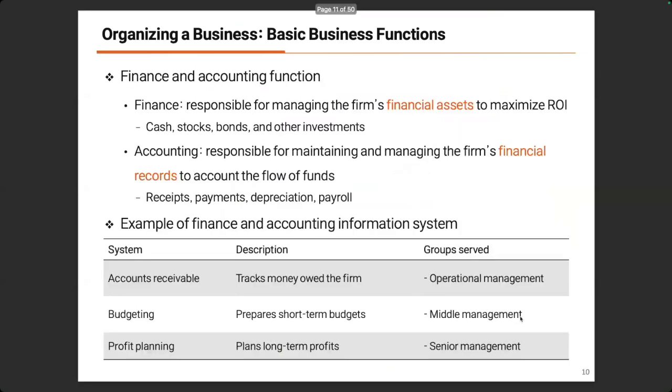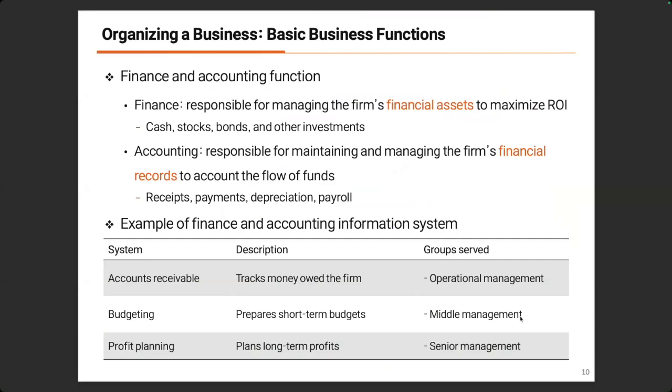Okay. And the finance and accounting function. The finance function is responsible for managing the firm's financial assets to maximize the return on investment. The financial assets include cash, stocks, bonds, and other investments. On the other hand, the accounting function is responsible for maintaining and managing the firm's financial records to account for the flow of funds.